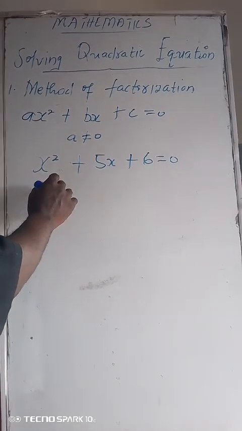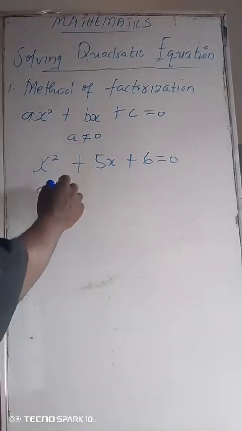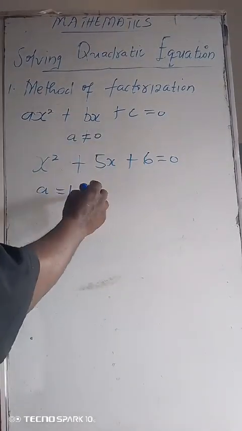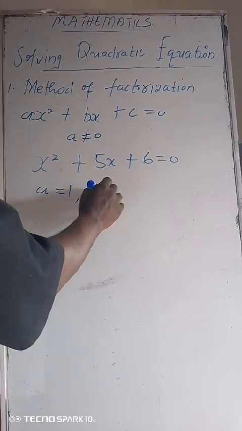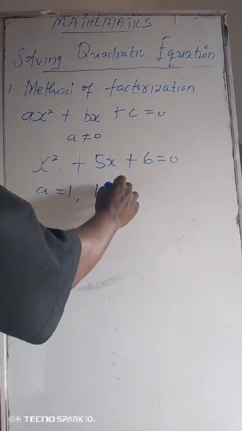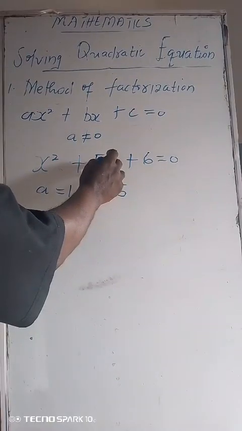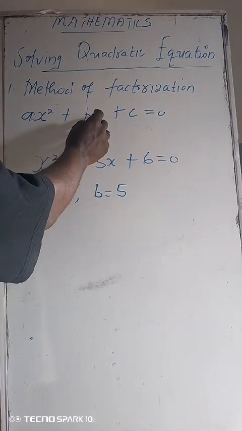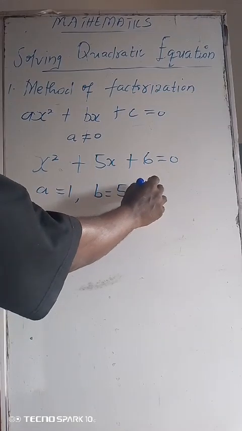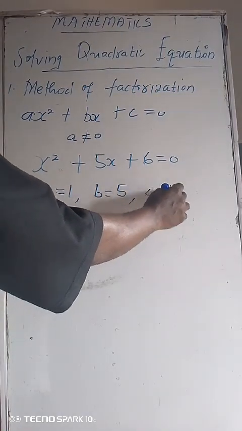So a will be equals to 1. Now b, when we compare, will be 5, since the coefficient of x here is 5. And then that of the c will also be 6.